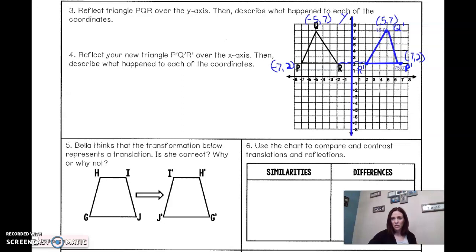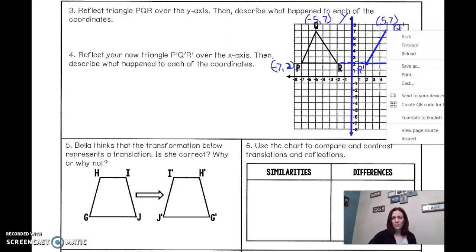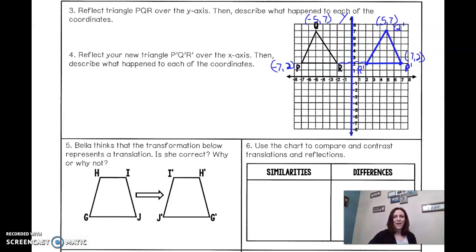All right, so it wants us to describe what happened to each of the coordinates. Well, I didn't write down the R coordinates, but basically notice our x values became their opposites. So I'd say, again, the x values became their opposites.